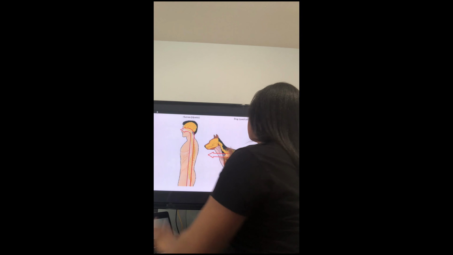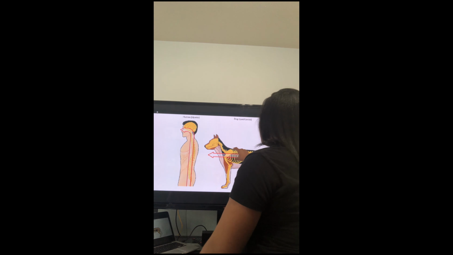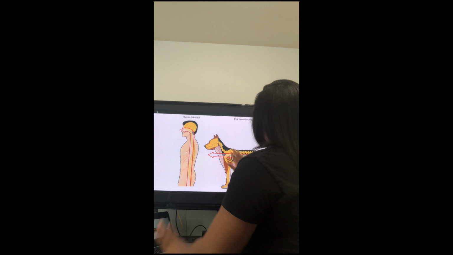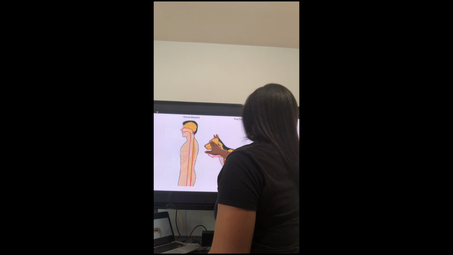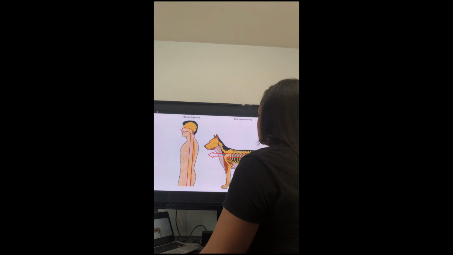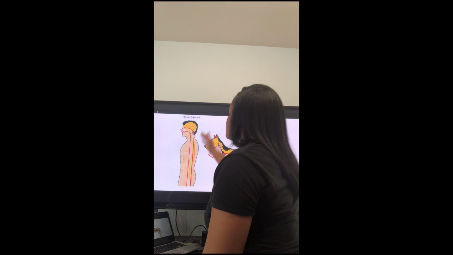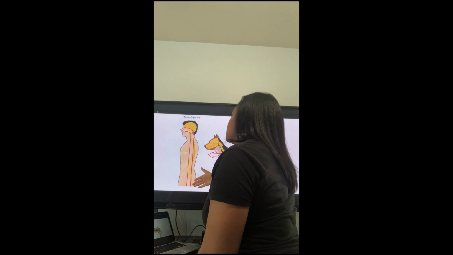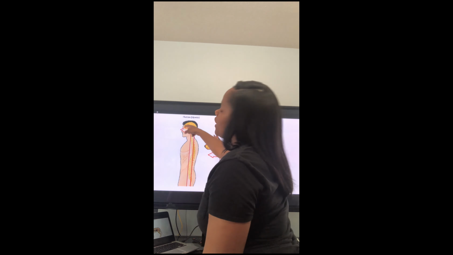Because everything is oriented in one smooth line from the skull or the brain straight down to the spine, everything is in one line. Whereas in people, when we stand up, there's a curve that happens there.